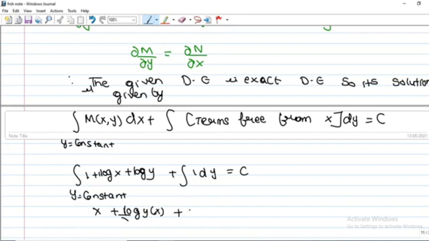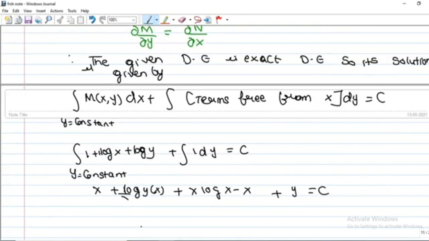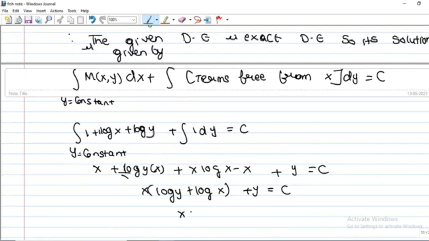If you apply that formula, I told you to learn this, its answer is x log x minus x plus, here y is constant. After this, if you simplify, x will cancel out, and finally you will see that they have x common, so we can take x common, and log y plus log x plus y equals c, which you can further write as x log xy plus y equals c. So this is our answer.